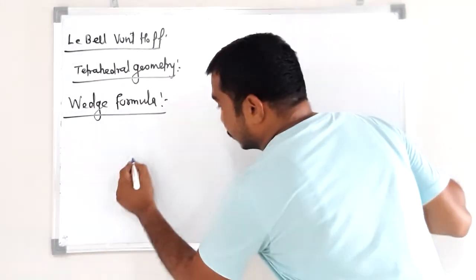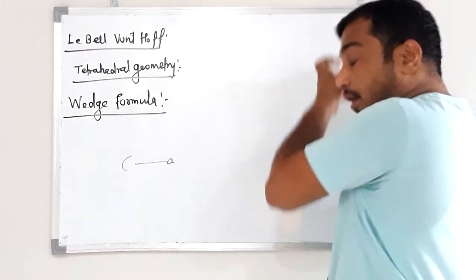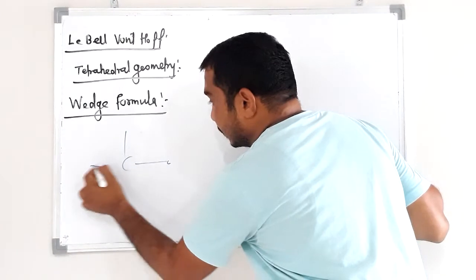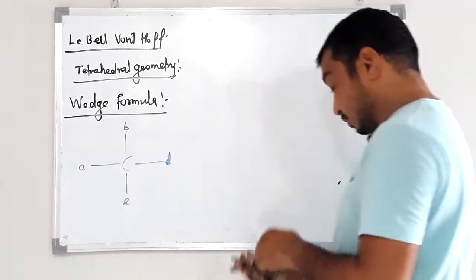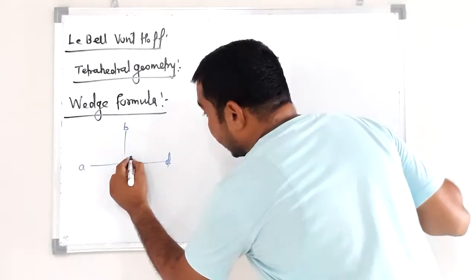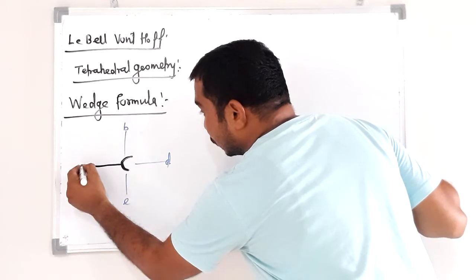Suppose this is the carbon having 4 different groups or atoms attached to it: A, B, D and E. This is any organic compound containing carbon, and to this carbon 4 different groups are attached.